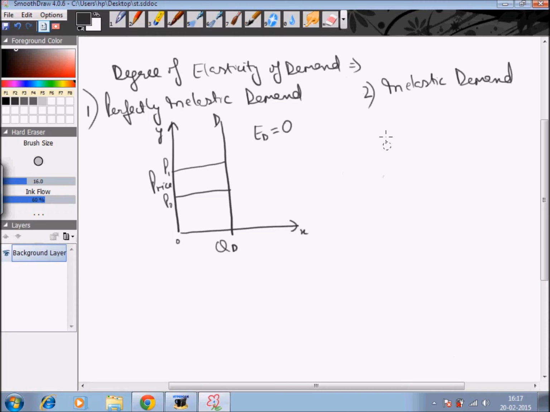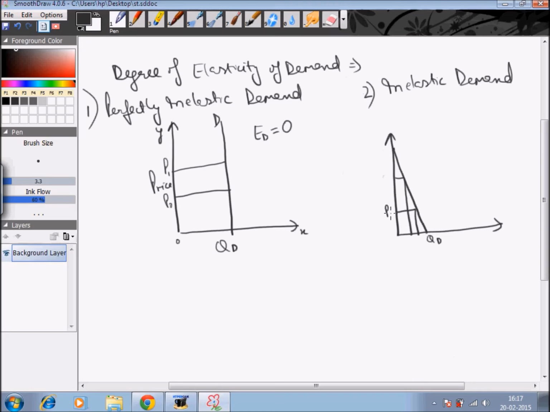The demand curve goes like this. This is the DD demand curve. So we can see here that the percentage change in price is more, whereas the percentage change in demand is less.